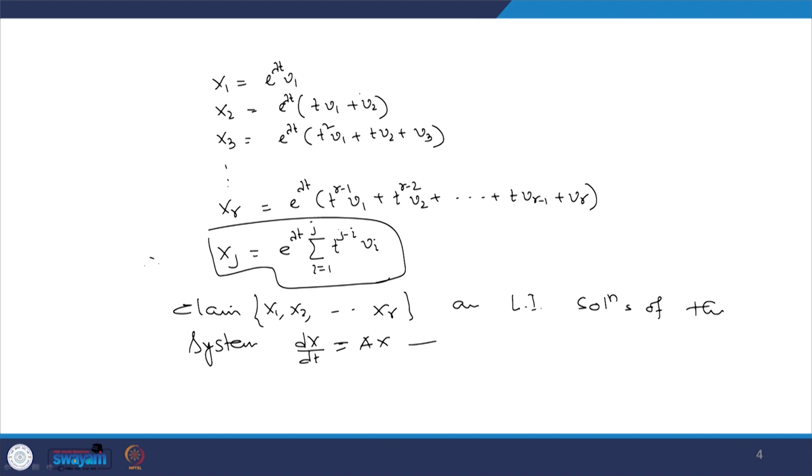So, we have xj equal to e to the power lambda t into the summation from i equal to 1 to j of t to the power j minus i by (j minus i) factorial into Vi. I made a mistake in my construction, so I am defining the r functions like this: I need the factorial of j minus i.